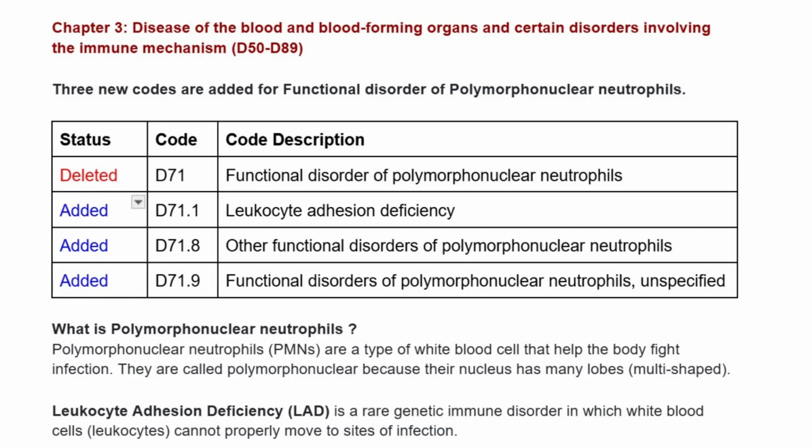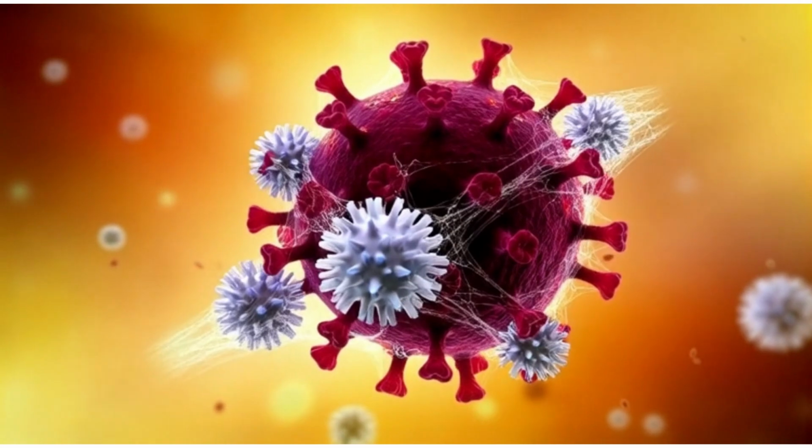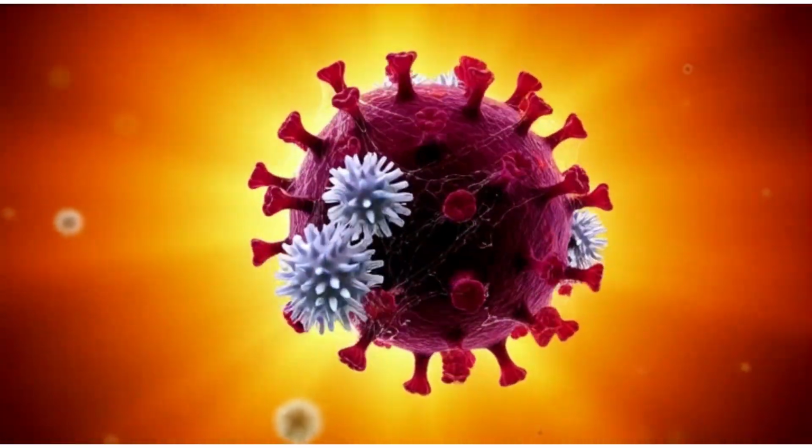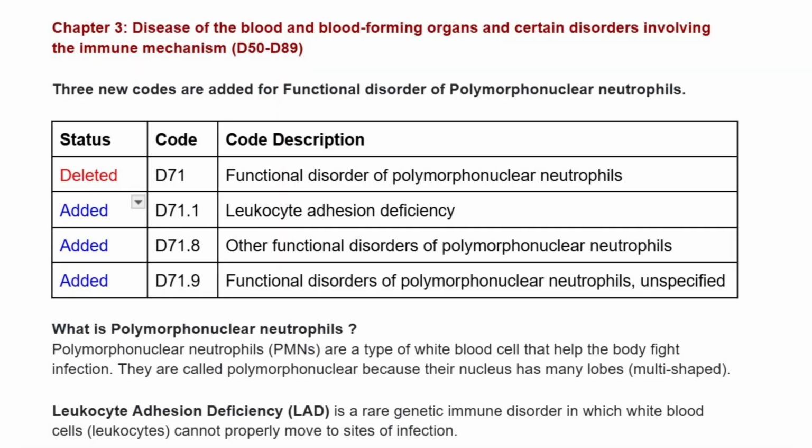This is a rare genetic disorder where the white blood cells cannot properly move to the site of infection. Normally, what happens? When we get an infection, the white blood cells travel through the bloodstream. Then they stick to the vessel wall using adhesion molecules, and then move out of the blood vessel to fight the germs. But in LAD, the sticking ability is weak, so the body cannot fight infections effectively.